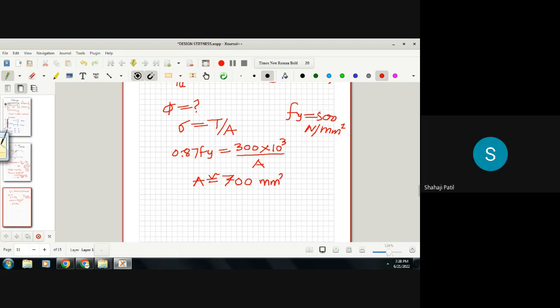Now you can calculate the diameter. This is nothing but pi by 4 d square, so equate it to pi by 4 d square. How much will be the value?